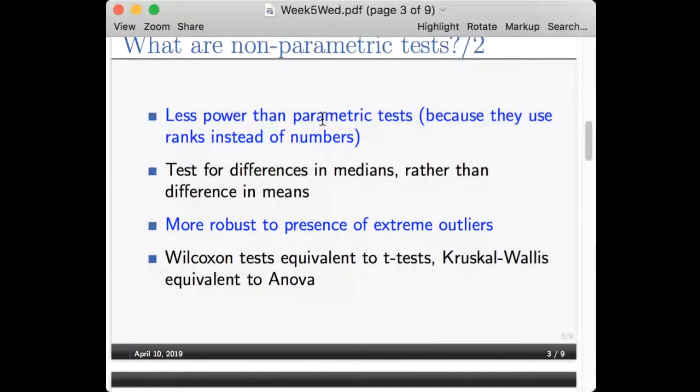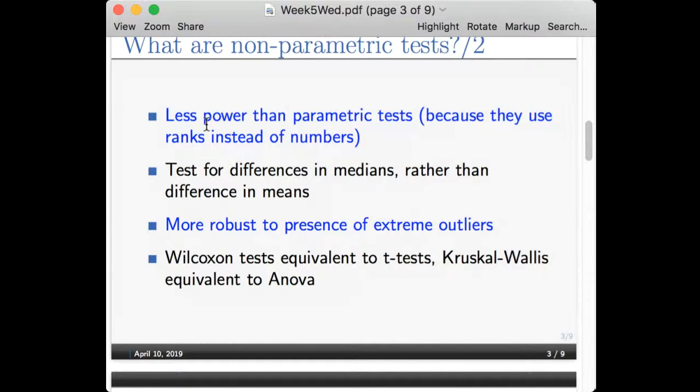Now, why are they less powerful? Without going into really deep reasons, it's because these non-parametric tests use the ranks instead of the numbers. What that means is, although the notes don't go into a lot of detail about how to perform these tests manually, what you would do is take your data and sort it from, say, maximum to minimum or minimum to maximum.